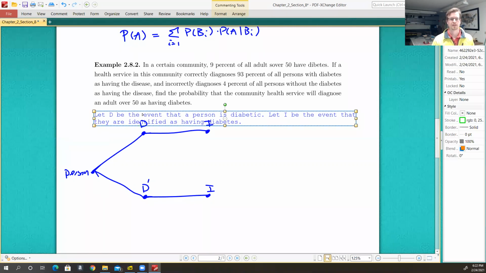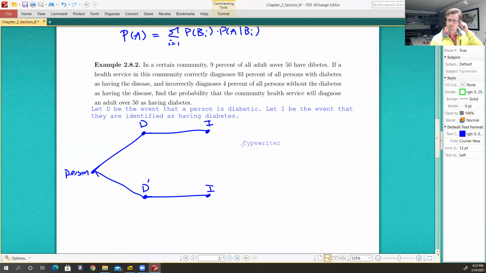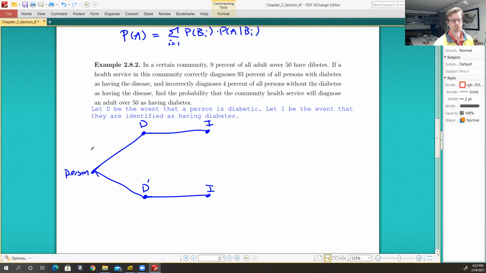Excellent. So let's take a look at the probabilities then. What's the probability that someone has diabetes? Well, in a certain community, 9% of the people over 50 have diabetes, so that'd be 0.09. What's the probability then that someone doesn't have diabetes?